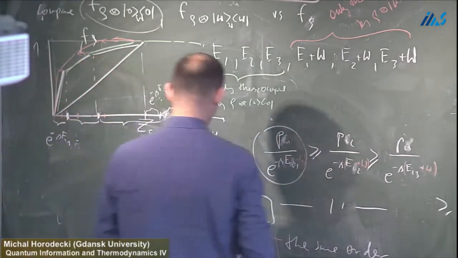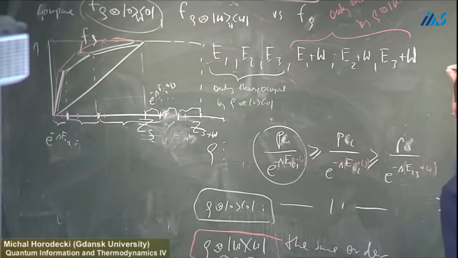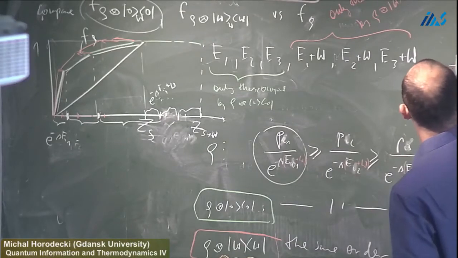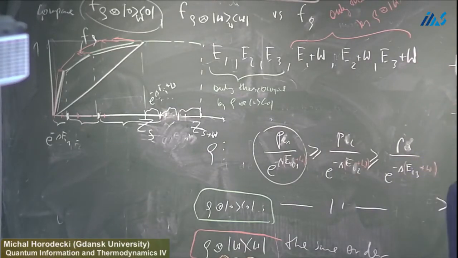Right. So we get that F rho times W is equal to F rho of x times E2 beta W. So this is a shrunk version of this diagram, right?